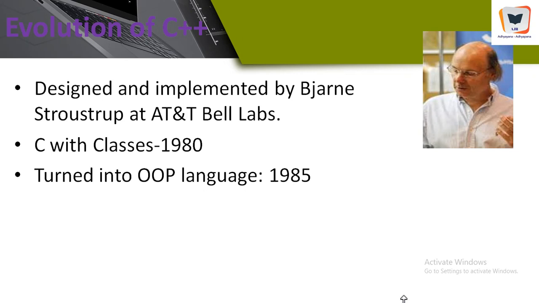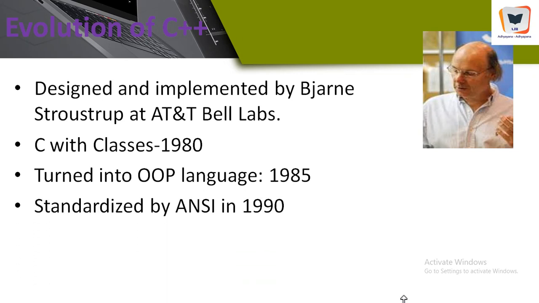As a result of widespread use and the appearance of several independently developed C++ implementations, formal standardization of C++ started in 1990 under the American National Standards Institute, ANSI, and later the International Standards Organization, ISO, leading to an international standard in 1998.